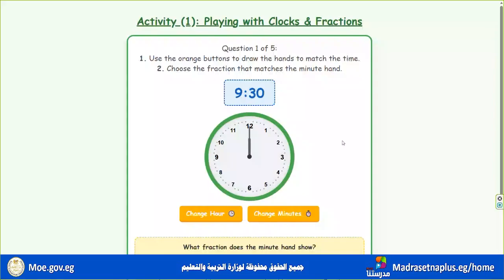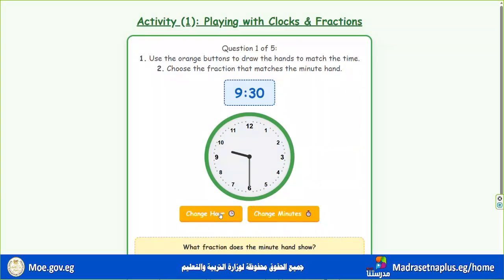Let's change the hour hand and minute hand. Now it's 1, 2, 3, 4. What about changing the minute? Now it's 5:30, or half past 5. I need half past 9.